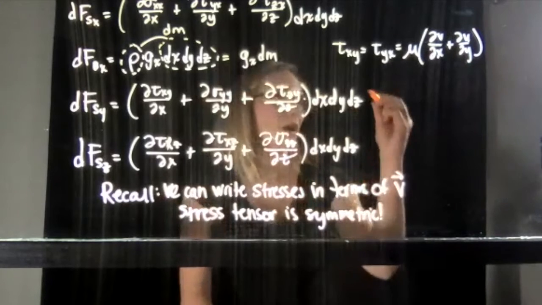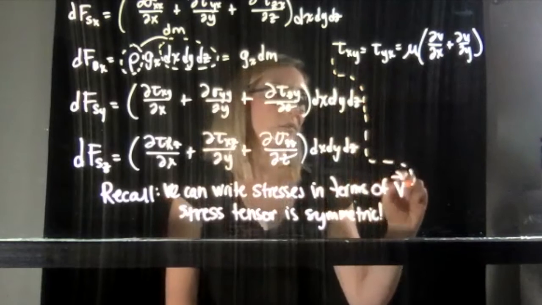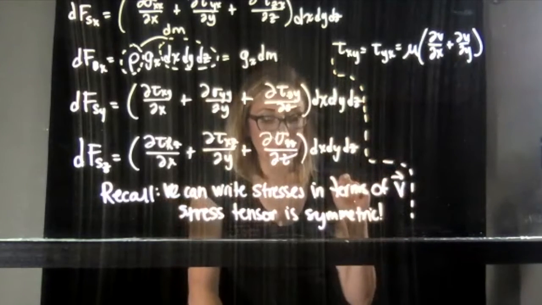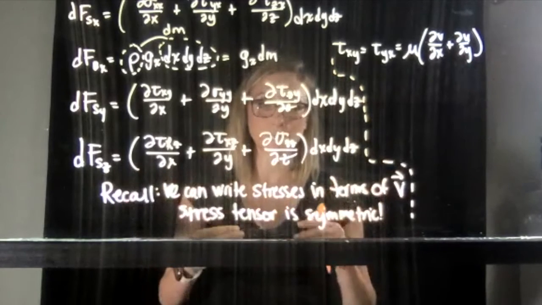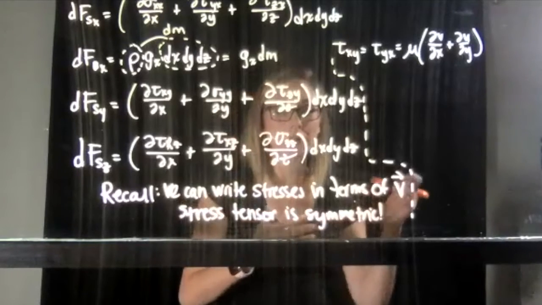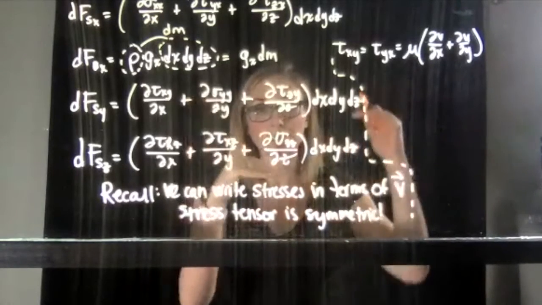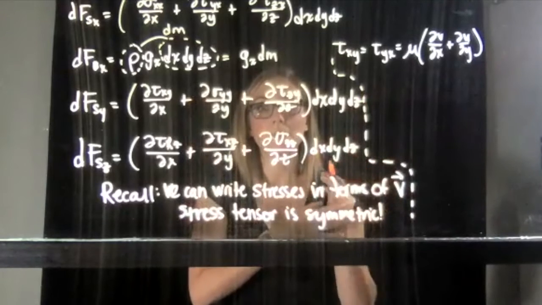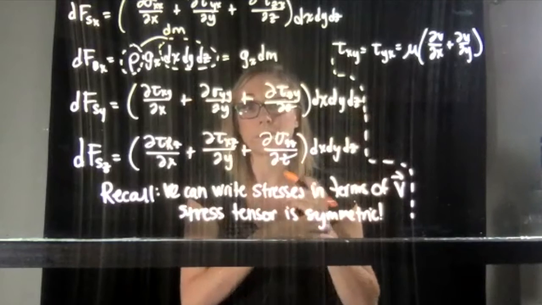Great. It is also worth noting that our normal stresses, we're also going to bundle in the pressure force to those terms. So if you'll recall, our normal stresses are acting normal to each of the control surfaces. And so that's the same direction that pressure acts as a force as well.